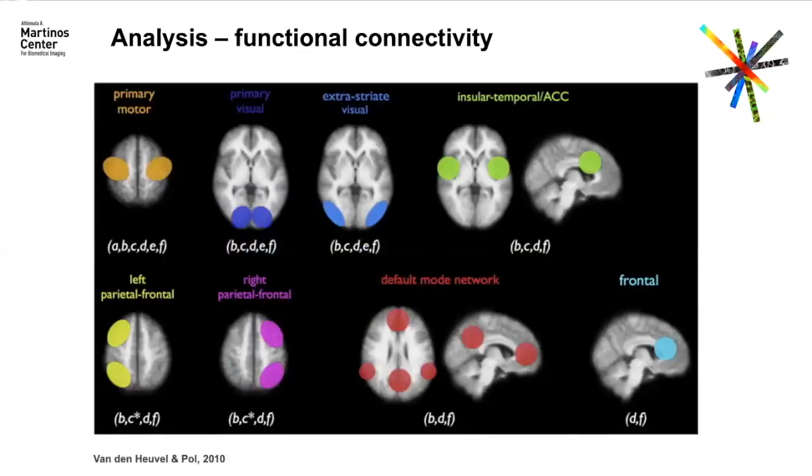Here are some functional networks that many studies have been finding consistently. These are actually from resting state data, so in this type of analysis you don't even necessarily need any task, but you can look at what brain areas are connected functionally during rest.